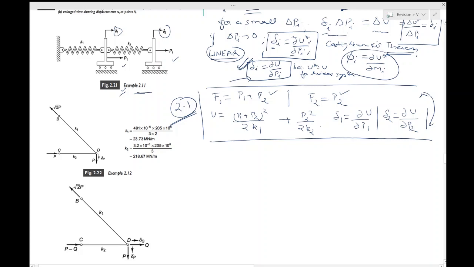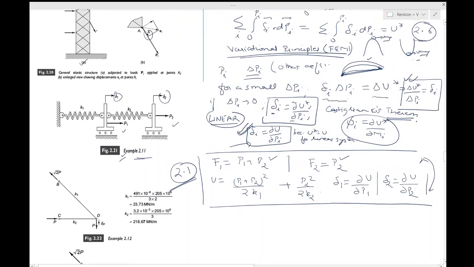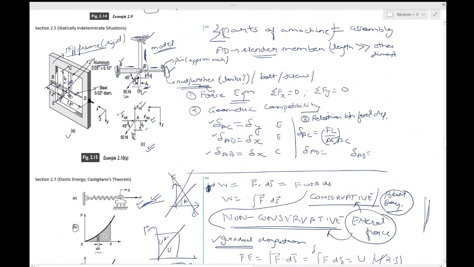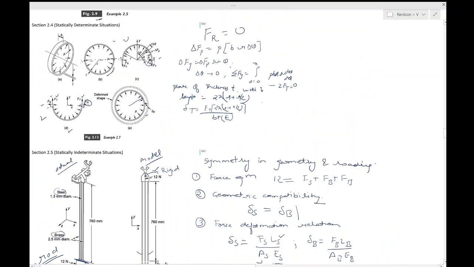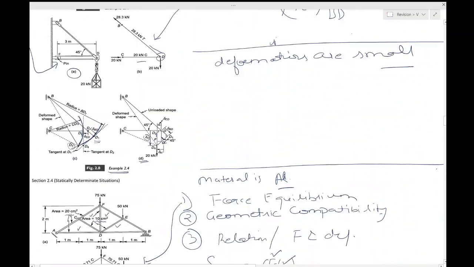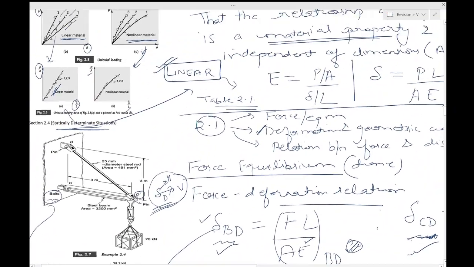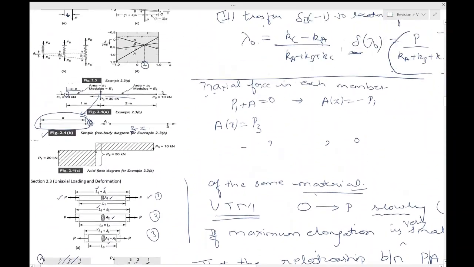Okay, so now let's consider example 2.1a. In that also you have to use Castigliano's theorem to find the deflections. So let's first recall what example 2.1a was, so that we don't have to go back to that again.